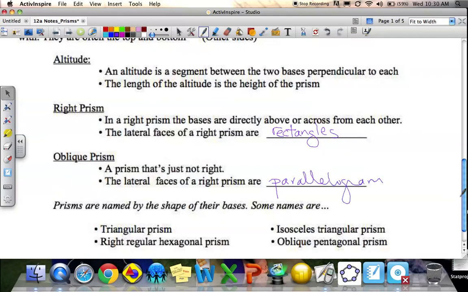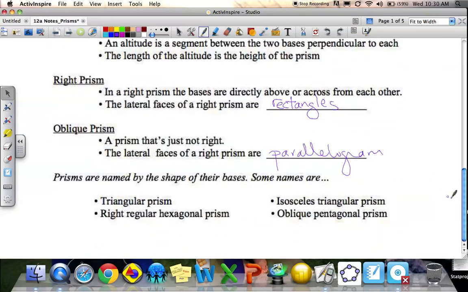Prisms are named by the shape of their bases. Some examples are triangular prism, right regular hexagonal prism, isosceles triangular prism, or oblique pentagonal prism. So those are some ideas of names. A triangular prism would be like the one on the right up top of the page.